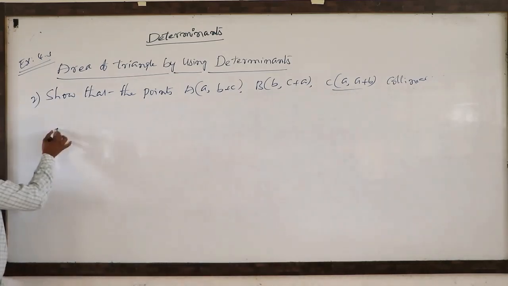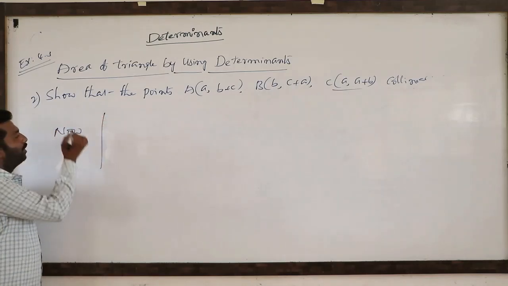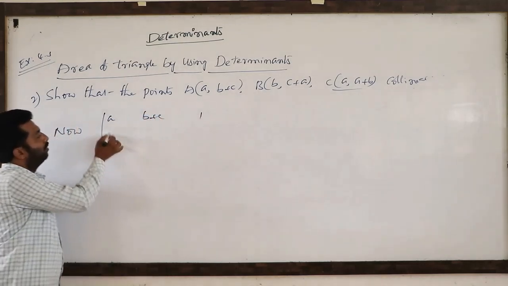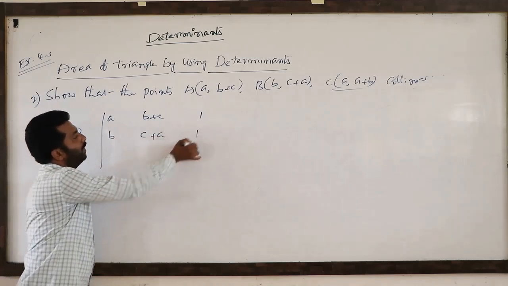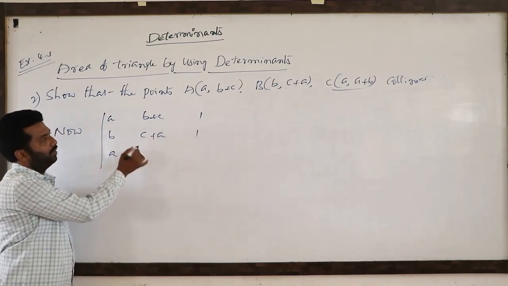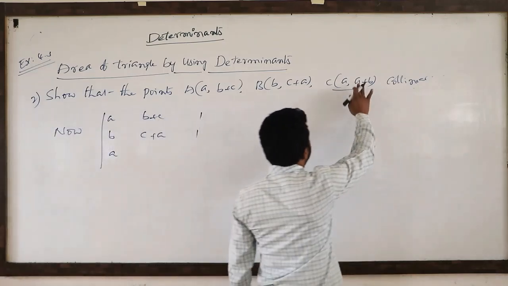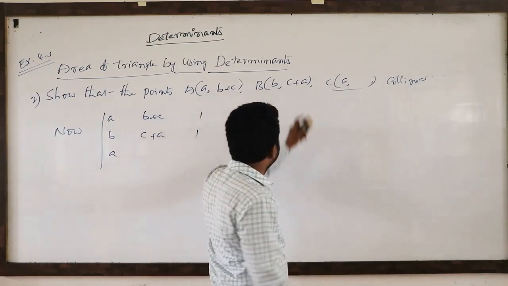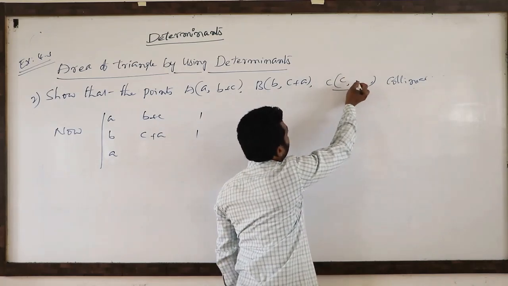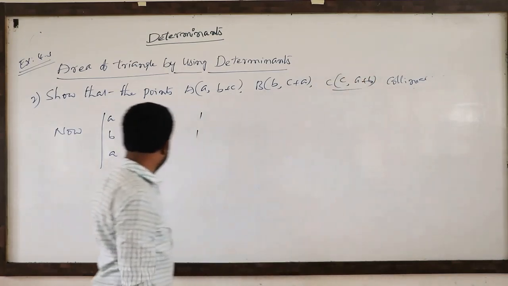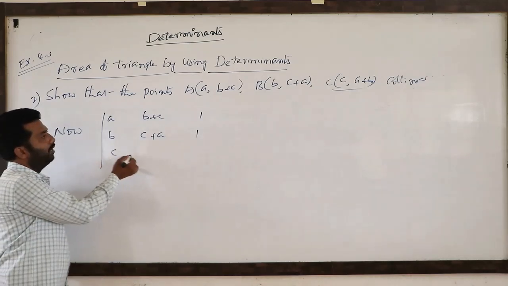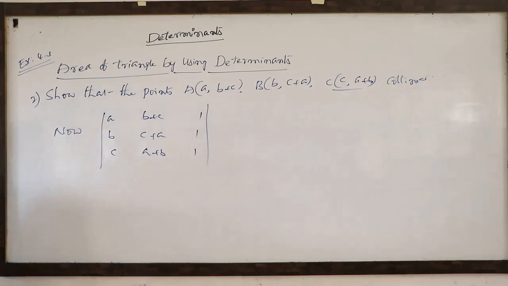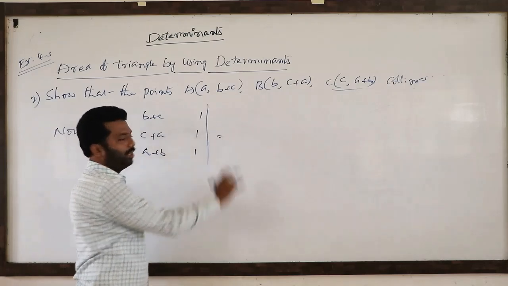So the determinant of a, b+c, 1; b, c+a, 1; c, a+b, 1. This determinant we have to prove is 0.